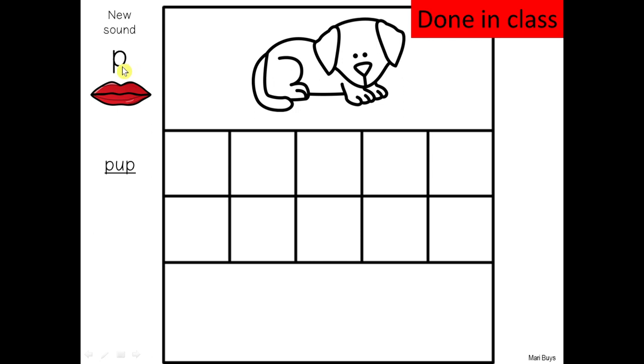And please listen carefully, it's not "puh", it's p, because p is the sound all alone. So we don't need the extra vowel there, it's only p. And then we've got the lips underneath. Remember, all of this is done in class. This is not a part of the homework, but just so that you can get an idea of how we analyze the words.